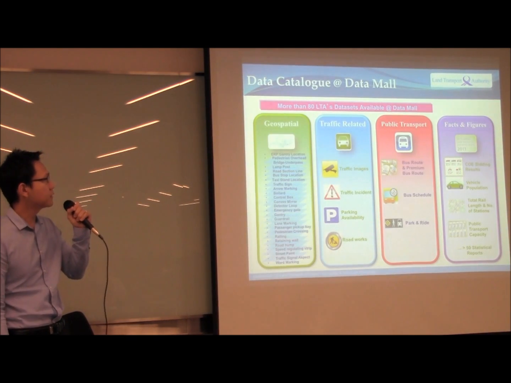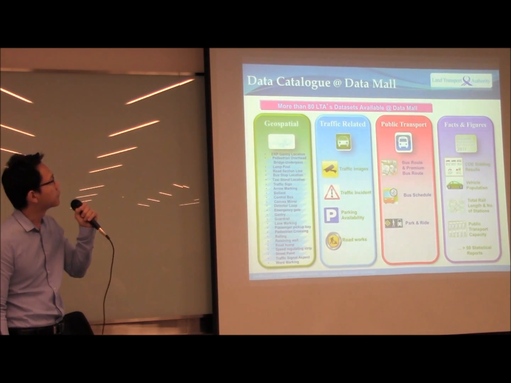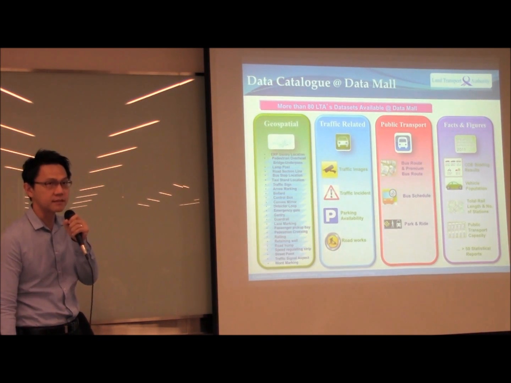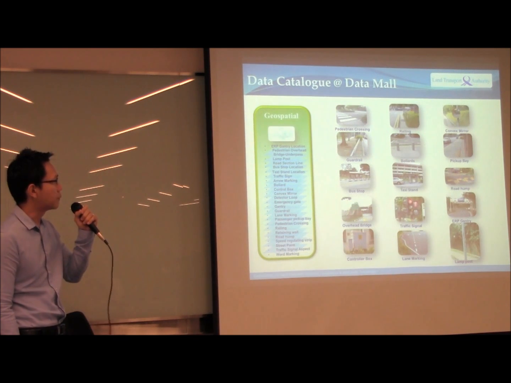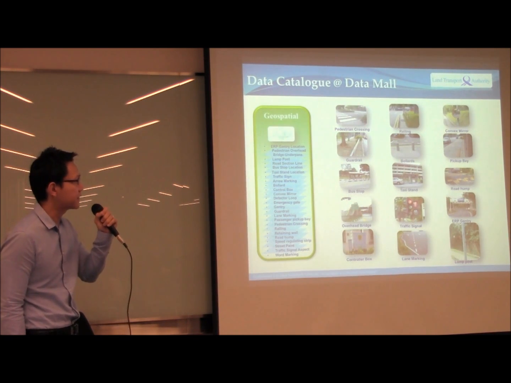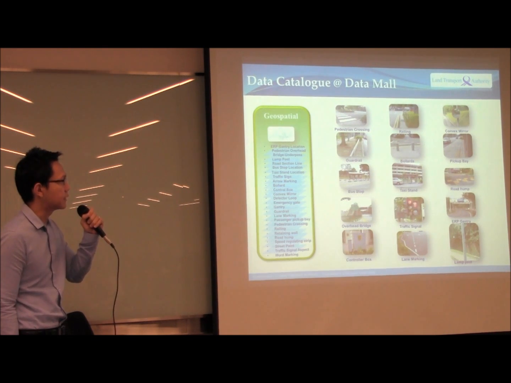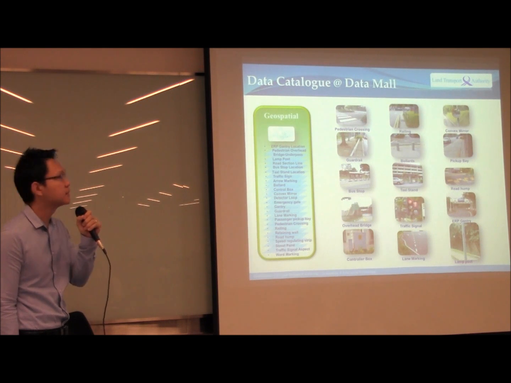Right, so LTA's data is classified into four broad categories: geospatial, traffic related, public transport, and facts and vehicle statistical reports. For the geospatial category, it comprises data related to the transport and road infrastructure.